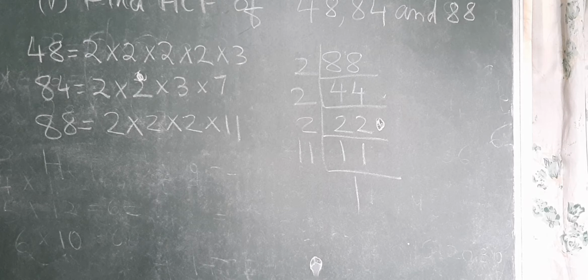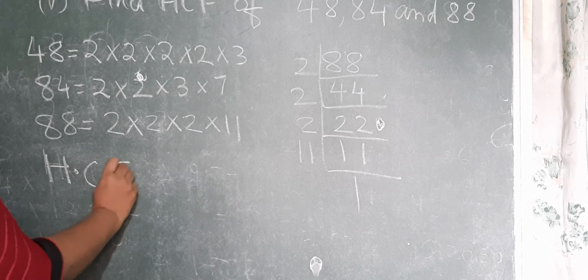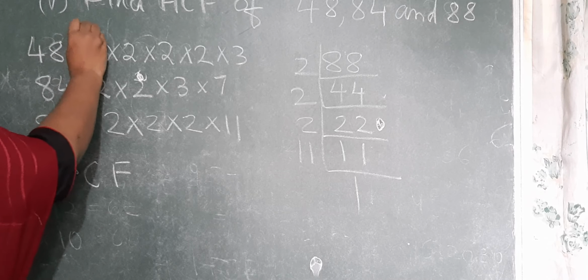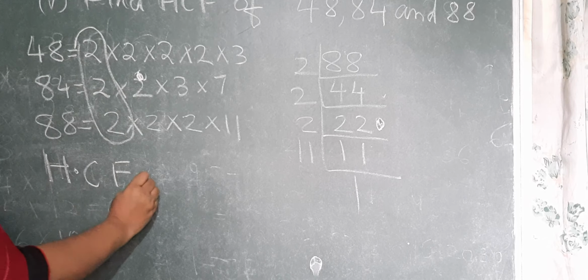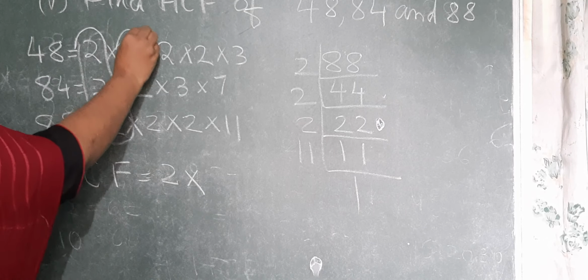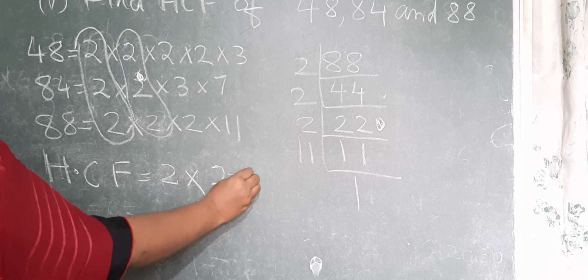Okay. So when I take the common factors, now I have to take the HCF. HCF means the highest common factor. So what is the highest common factor? You see 2 is common. So I'll write 2. Then this 2 is also common. So I'll write 2.